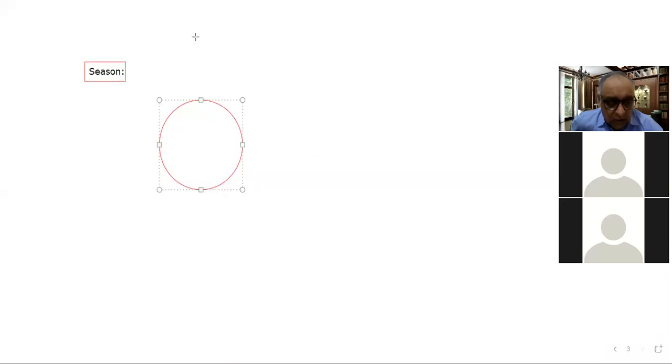So let me tell you, this is the earth, we all know, and here is the equator. Equator is the 0 degree line, we all know about it.